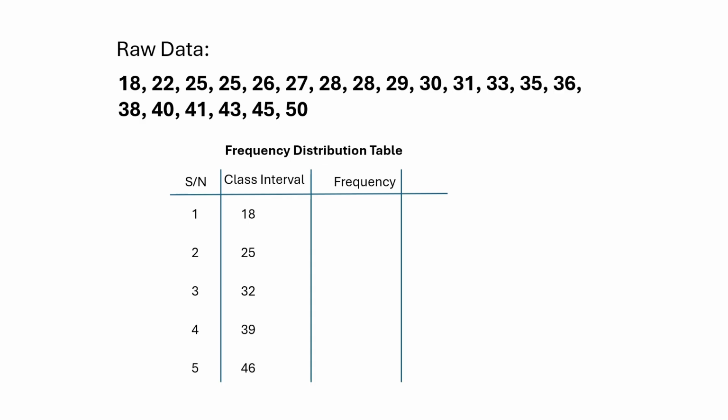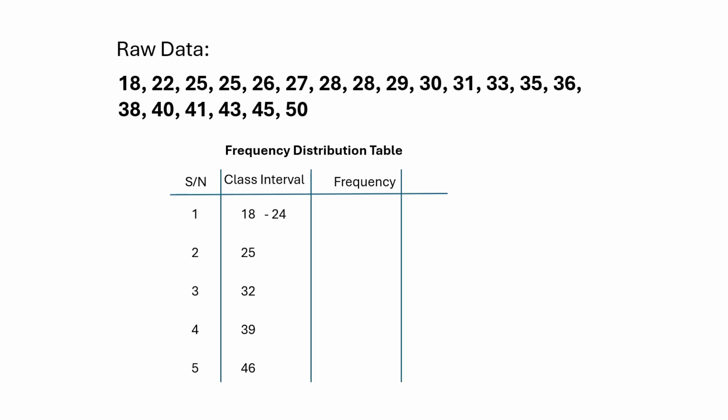As you can see, the next step is to find the upper class limit. A simple way to do this is to take each lower class limit and add the class width minus 1. For example, the class width is 7 and 7 minus 1 gives us 6. So for the first class, we add 6 to the lower class limit 18, which gives us 24.